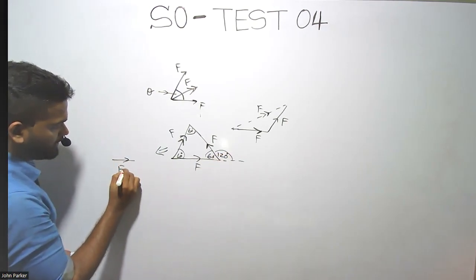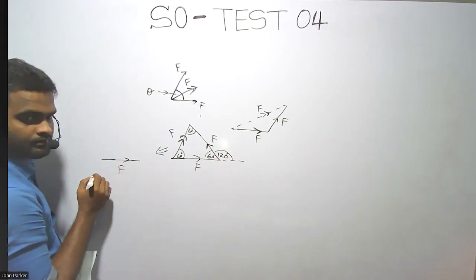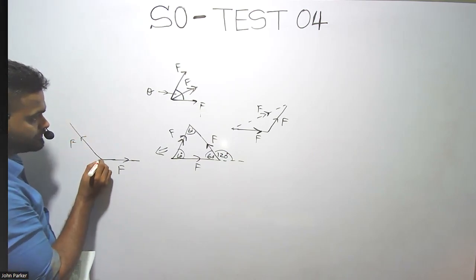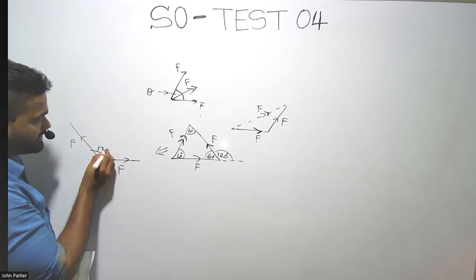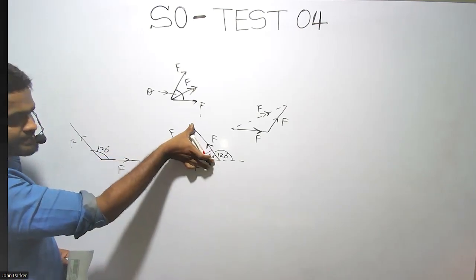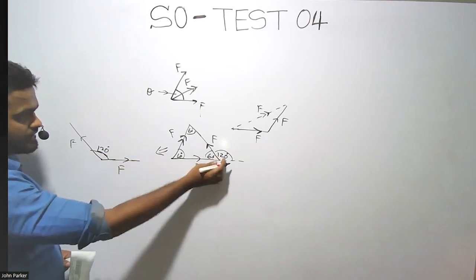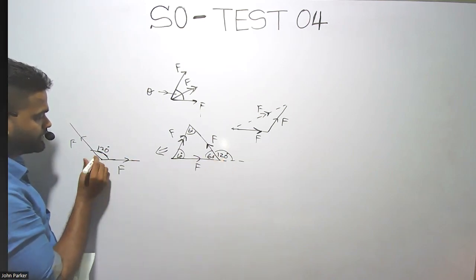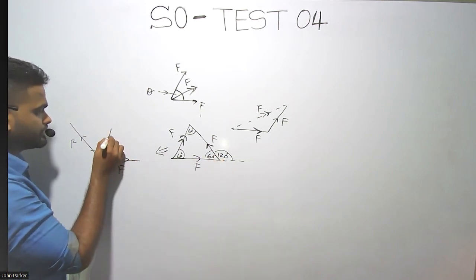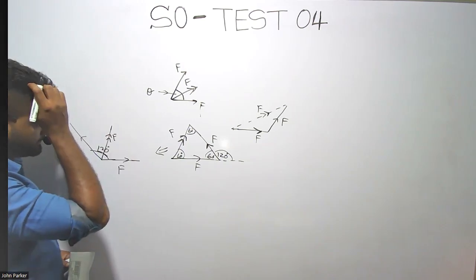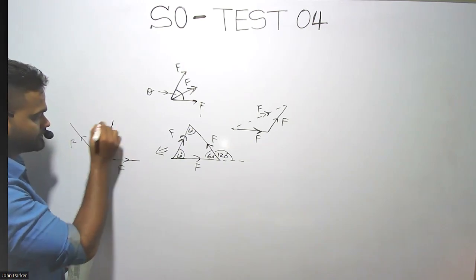So here you have F, then another F like this. Then this angle is 120. You just have to move this side parallel to that, to here. Then this angle becomes 120, right? Then the resultant F goes like this. That is the resultant.